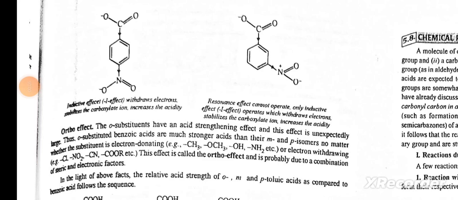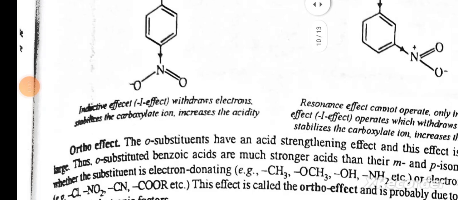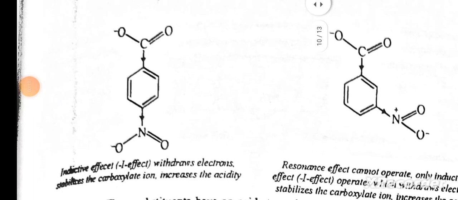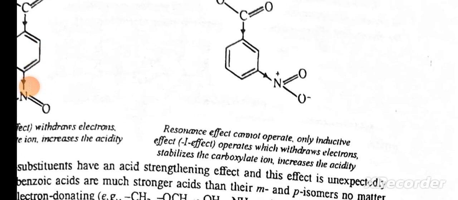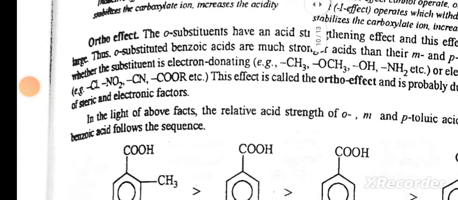Inductive effect, minus I effect, withdraws electrons, stabilizes the carboxylate ion, increases the acidity. And in this structure, resonance effect cannot operate, only inductive effect, minus I effect, operates, which withdraws electrons, stabilizes the carboxylate ion, increases the acidity.